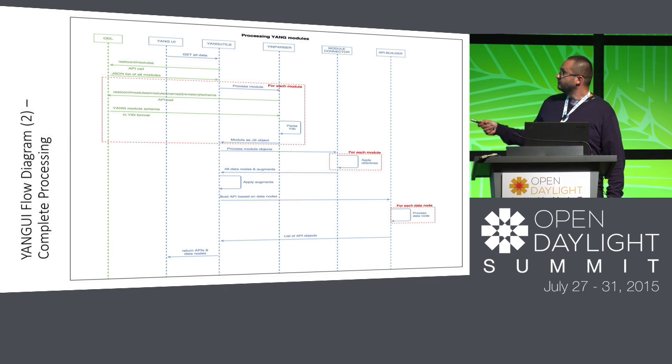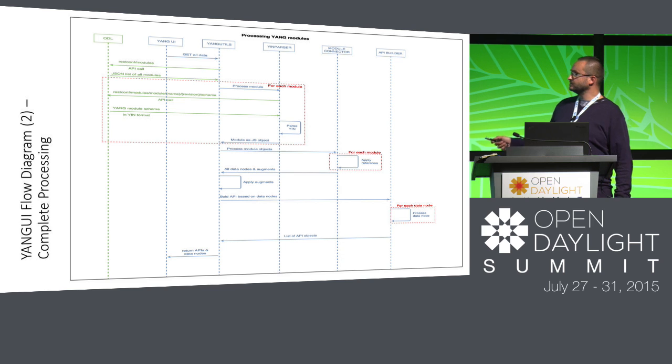So from top to bottom, the Yang UI application asks Yang utils, give me data. Yang utils asks the controller, give me the modules, and this is the first processing. For every module we get from the controller, we ask for the schema and parse the Yin.